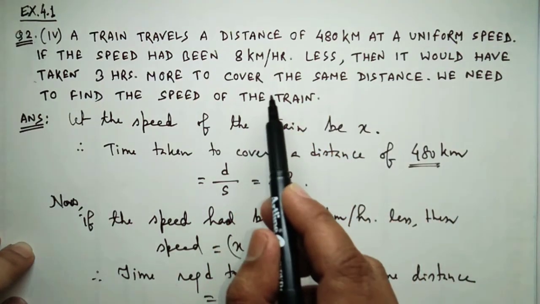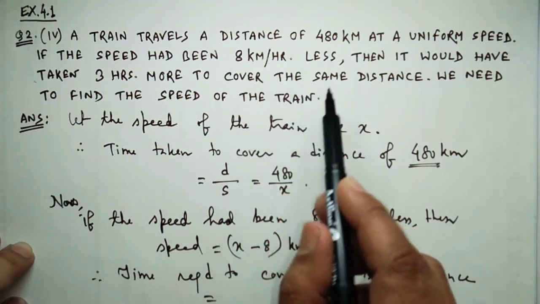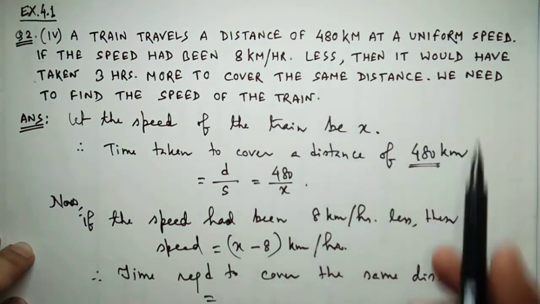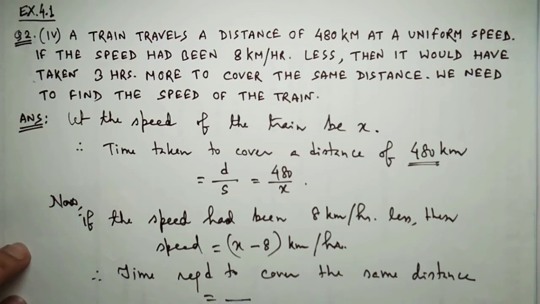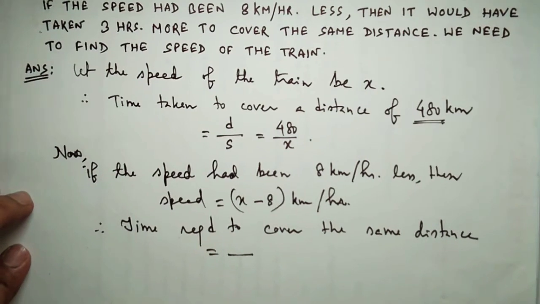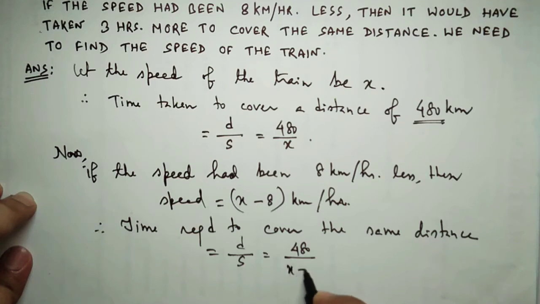So when the speed is less, it is still covering the same distance. That's why I am writing the time required to cover the same distance, and the formula is the same, d by s, distance by speed. The distance is 480, the same distance, but now the speed is x minus 8.